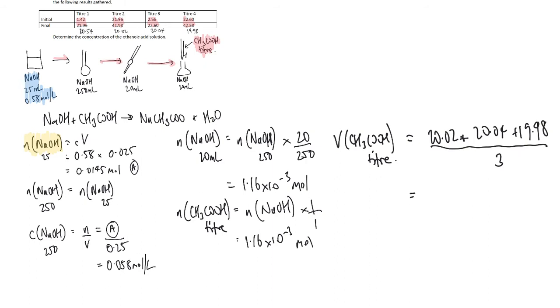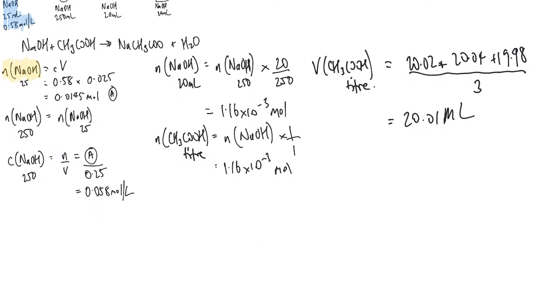And what do you get? 20.02 plus 20.04 plus 19.98 divided by 3 will get me 20.01 mL. Okay, so now that I've got that, I have the number of moles and I have the volume.